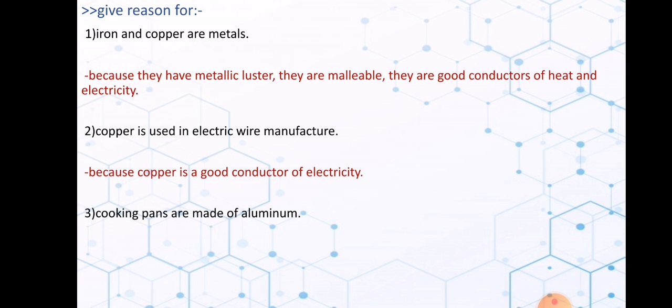Question number 3 says cooking pans are made of aluminum. The answer is that cooking pans are made of aluminum because aluminum is a good conductor of heat. So we use it for manufacturing cooking pans.